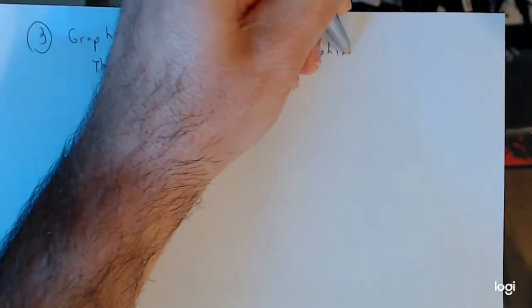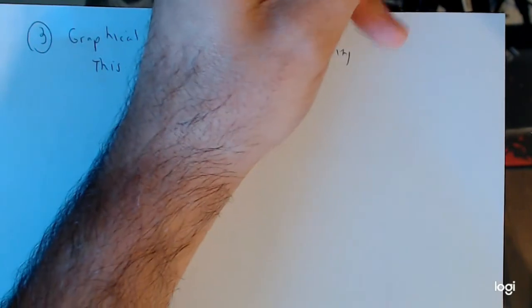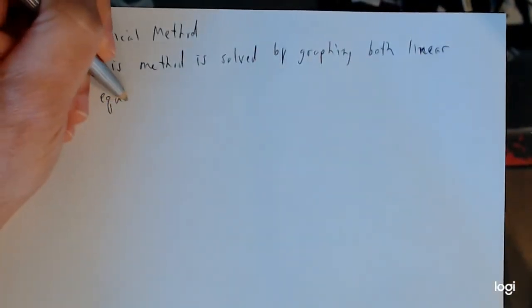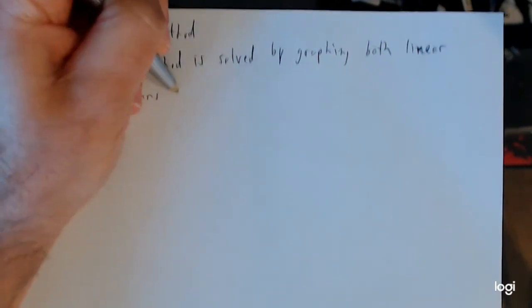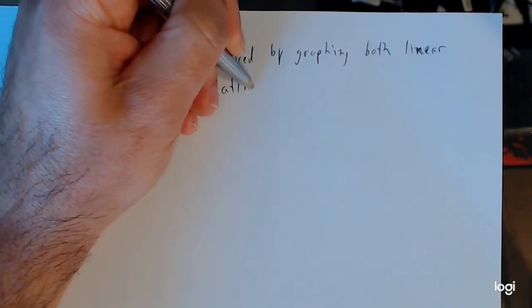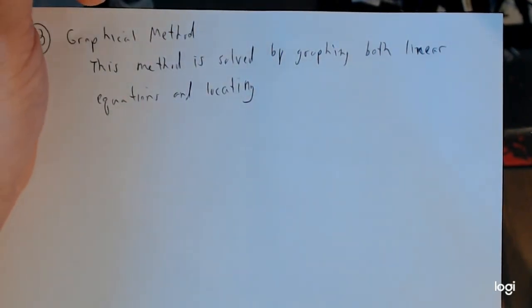This method is solved by graphing both linear equations and locating the point in which they intersect.